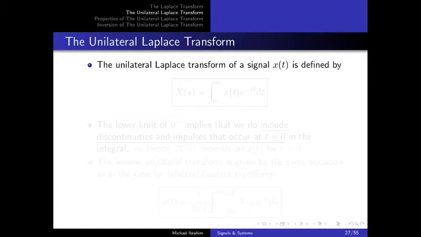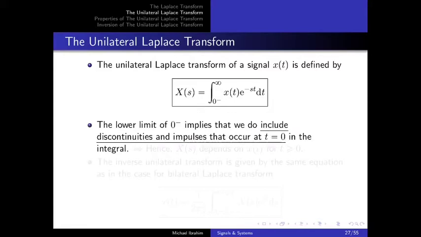So the unilateral Laplace transform of a signal x of t is defined as follows: integration from 0 minus up to infinity of x of t e to the minus st dt. This 0 minus means we will be integrating just before the 0, which means if we have an impulse at 0, this impulse will be included in the integration.